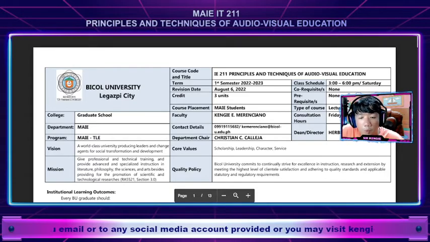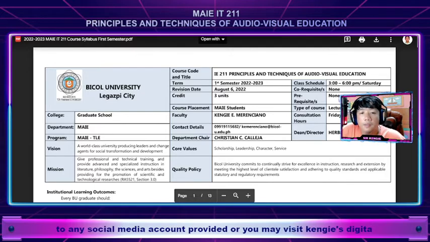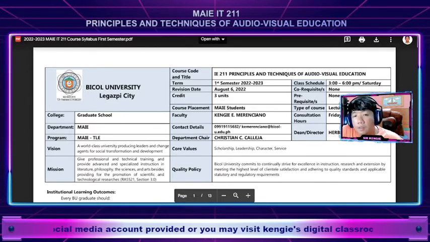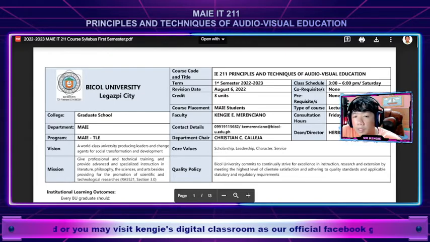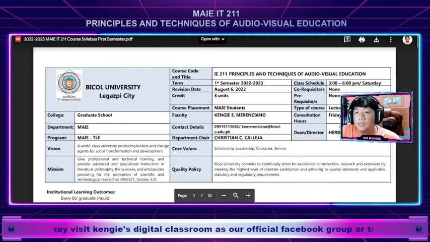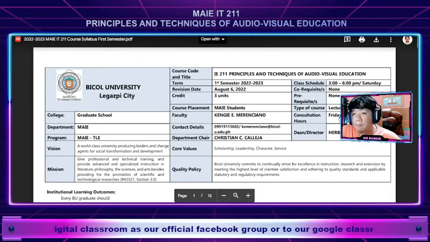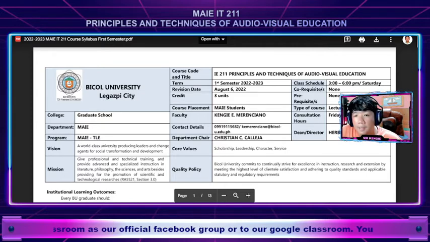Opo, sir. Okay. So this course is offered during first sem. Now we are in school year 2022 to 2023, and our class schedule is 3 to 6 p.m. and that is Saturday.